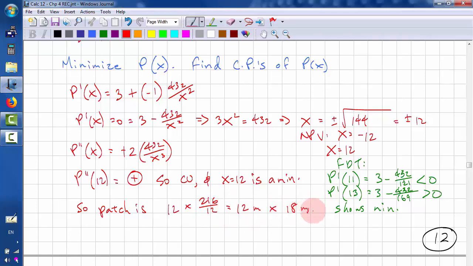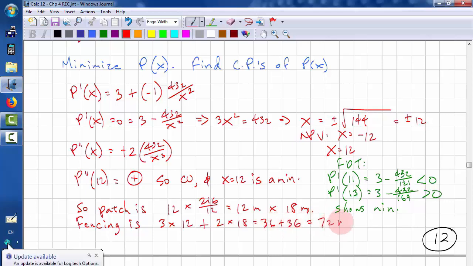Don't forget the units in your answer. Fencing is 3 times 12 plus 2 times 18. That gives us 36 plus 36, 72 meters.